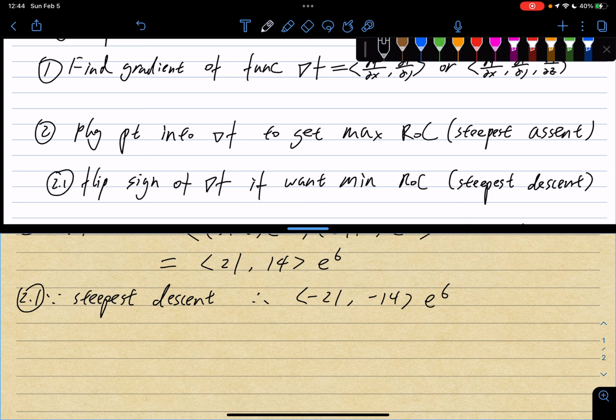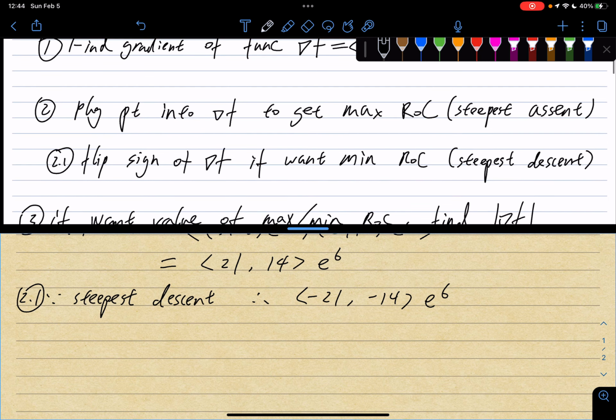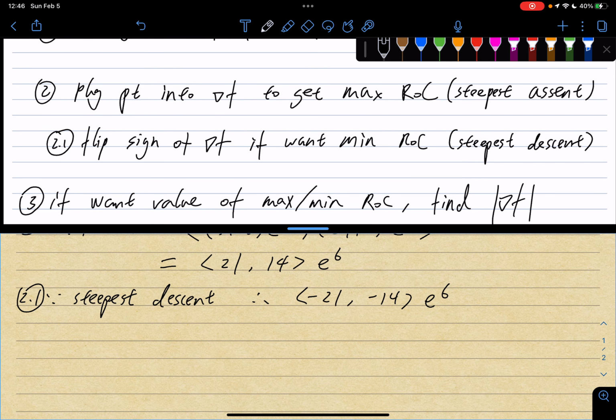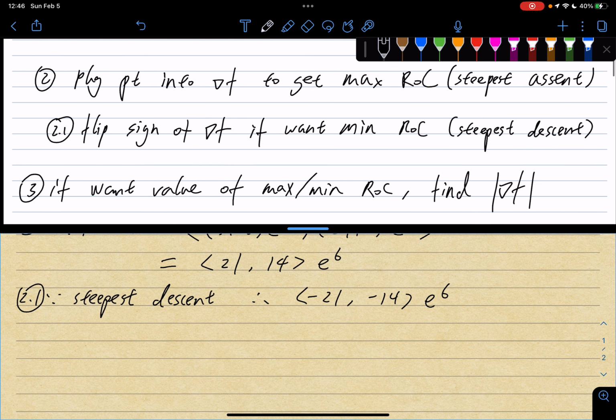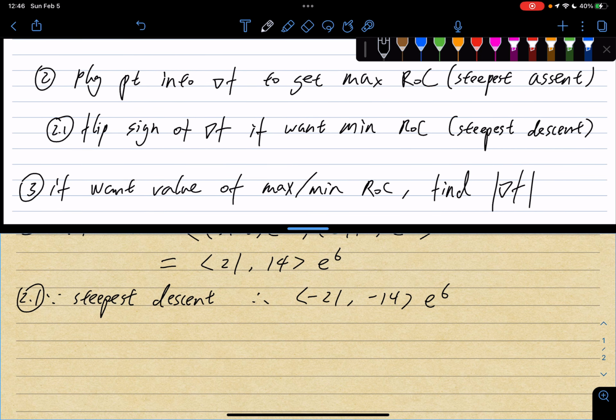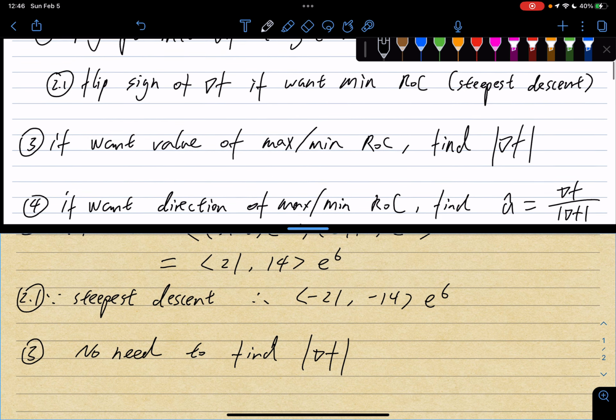If we want the magnitude of the maximum or minimum rate of change, we're going to find the magnitude of the gradient. But this question is not asking for that, so no need to find the magnitude. Other questions might ask you for that, but in this question, we don't need to do that.